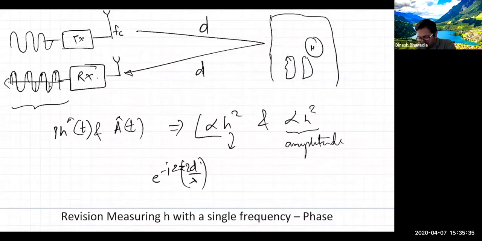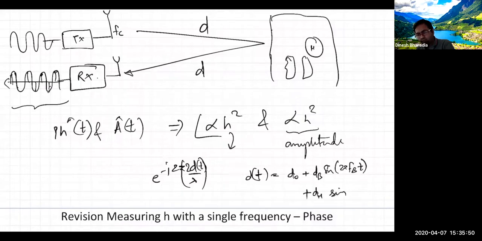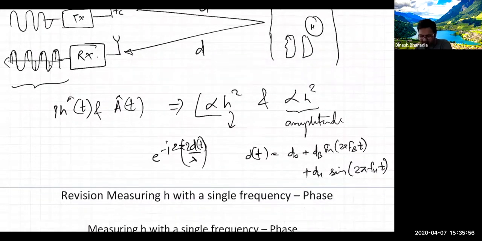And as we noted, d is a function of t, and d of t is nothing but d0 plus db times sine of 2 pi fb t plus dh times sine of 2 pi fh t.